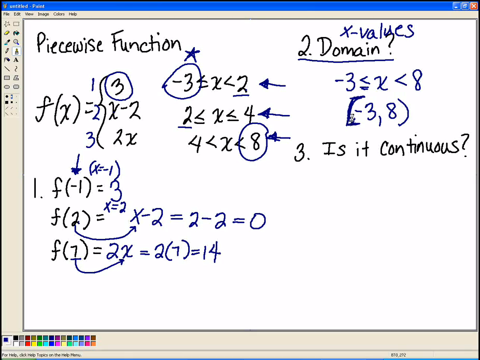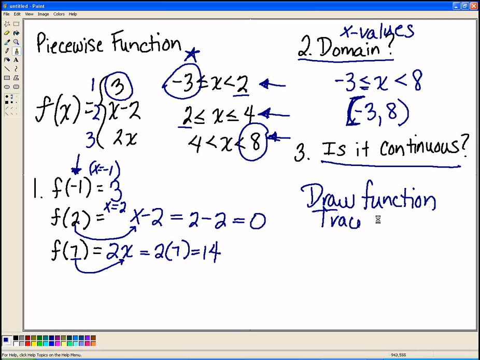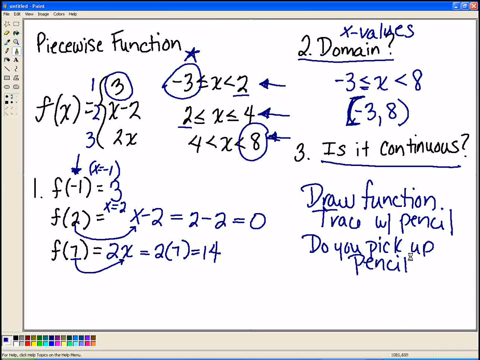Now the final thing you're going to be asked to do is determine whether it is continuous. The best definition of continuous is this: if I draw the function and trace it with my pencil, do I have to pick up my pencil to trace it?